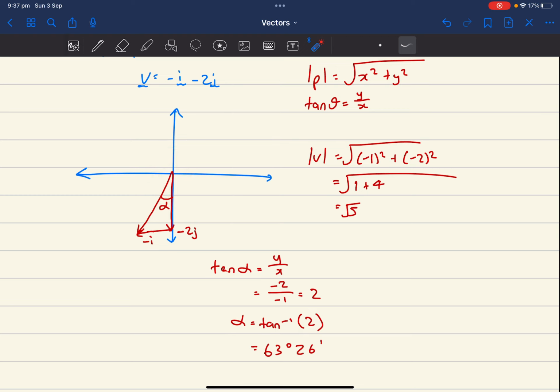So how can I do that? If I know this whole thing is 270 degrees, because 1 right angle, 2 right angles, 3 right angles, so this is 270 degrees, right? And I know that this is 63 degrees. That means this whole theta is just going to be 270 degrees minus 63.26, right?